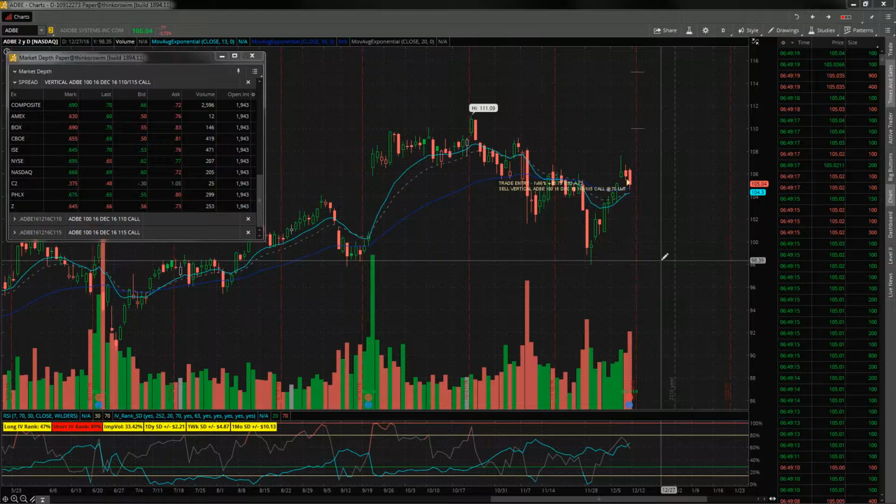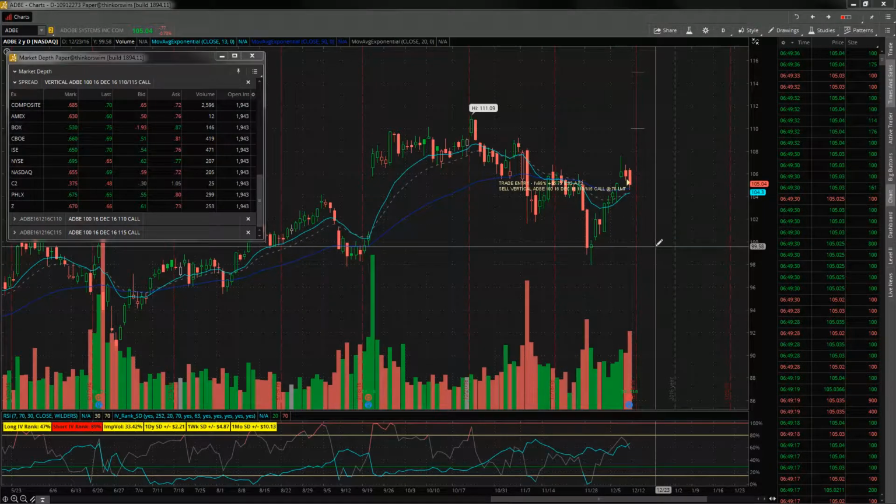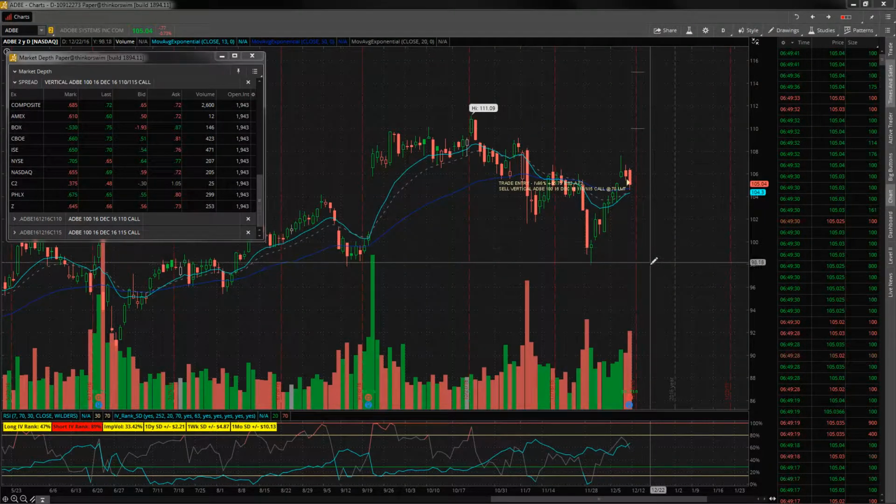I probably could have sold some 98s. Let me just check. No, the hundreds are probably about the only one worth selling. Let's just price them. I could sell the 195 for 65 cents. So basically from here below, which might not be too bad.